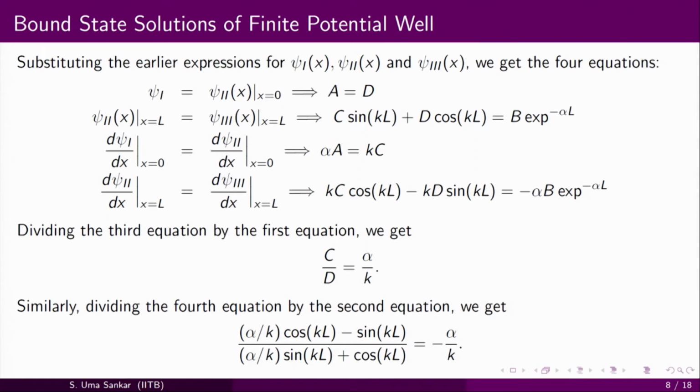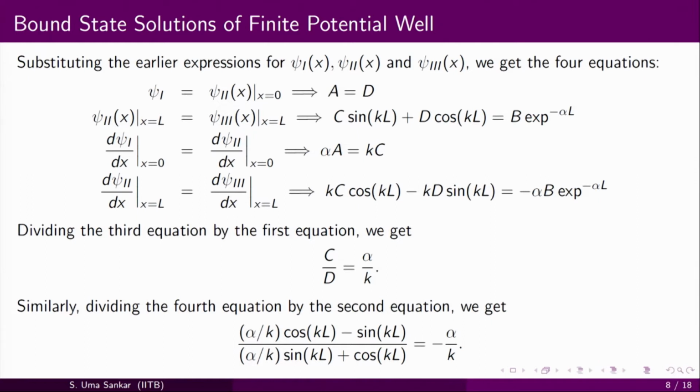So, I have this one constraint between alpha and k, and if you look at the boundary conditions, they give me a different condition between alpha and k. So, I have two different conditions on alpha and k.